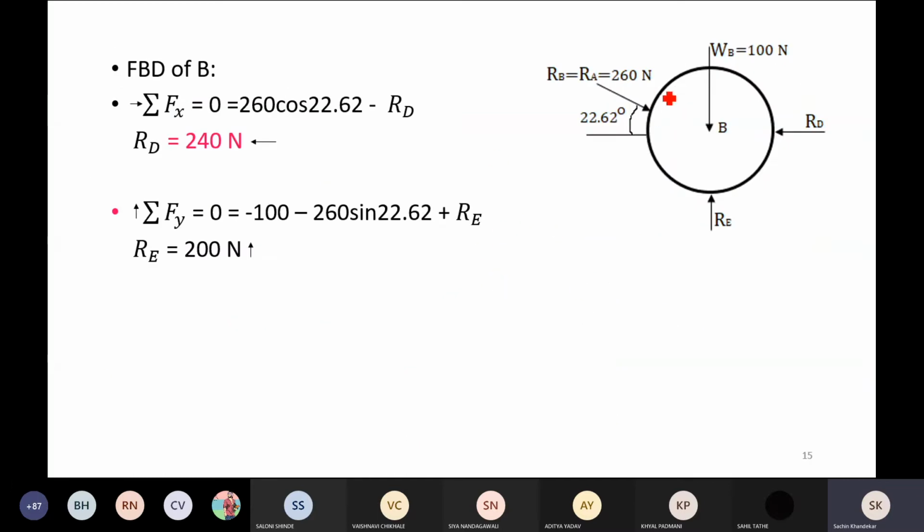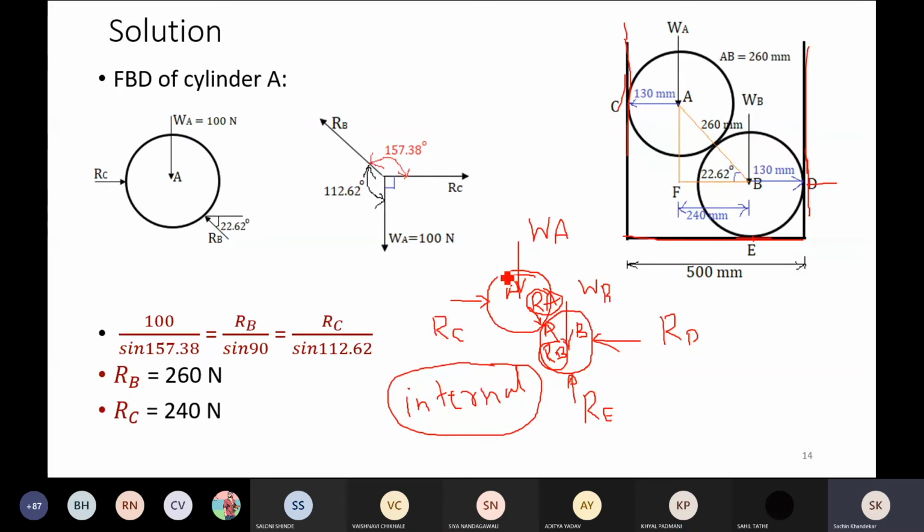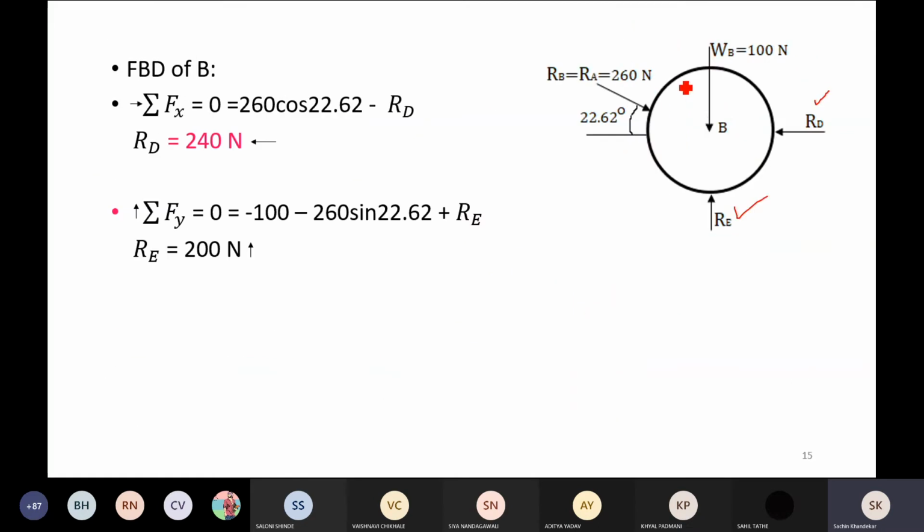Now let us find the support reactions at D and E. To know them, we consider the free body diagram of block B, cylinder B. As I already explained how to draw it, it is shown here with the various forces.